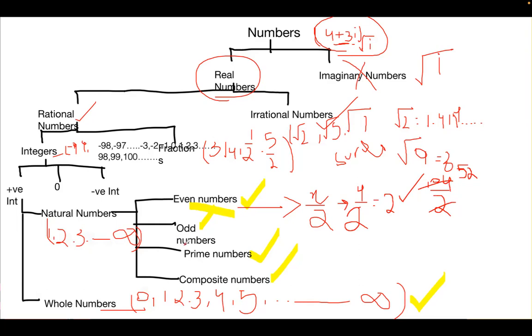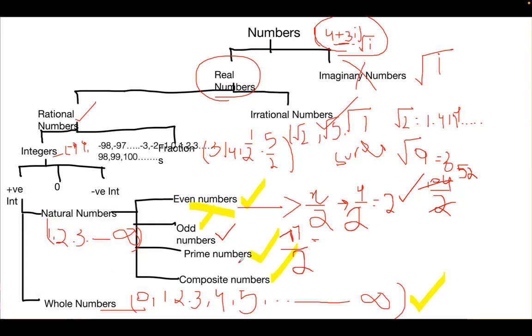If we take any number, let us take the number 77. If this 77 is not divided by 2, then this number 77 is known as an odd number. If a number is not divisible by 2, then the number is known as an odd number. Okay.